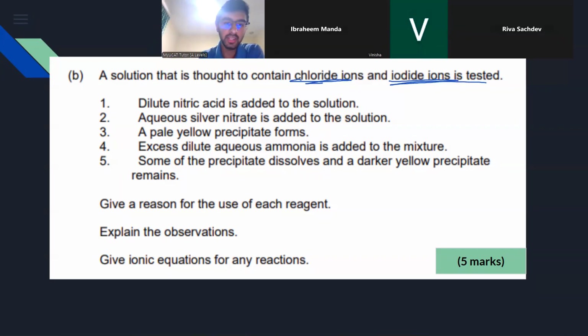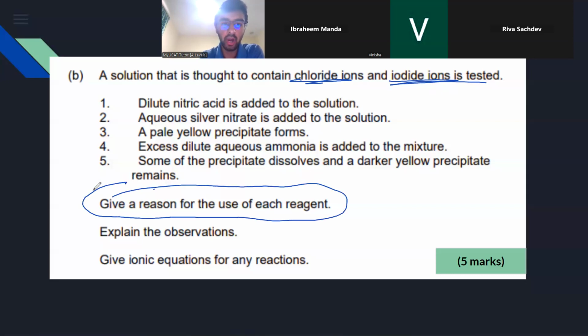So we're now going to think about a reason for the use of each reagent and why we're seeing what we're seeing. Okay, so let's start with the first one. Dilute nitric acid. What is the dilute nitric acid for? So think about it. We're making precipitates. Why might we want to be adding acid? Removing any impurities? Yes. What kind of impurities?